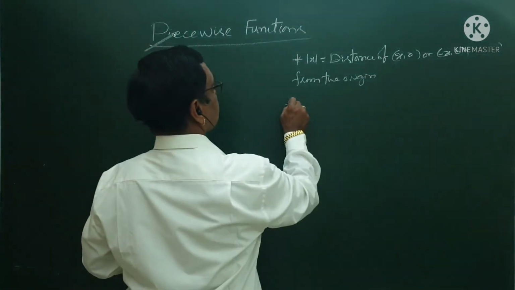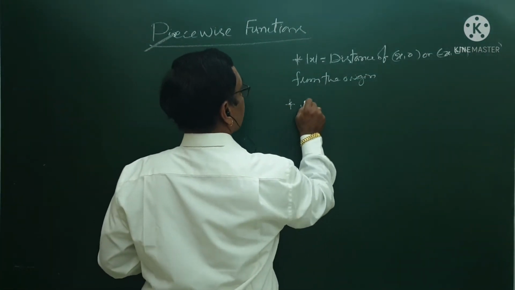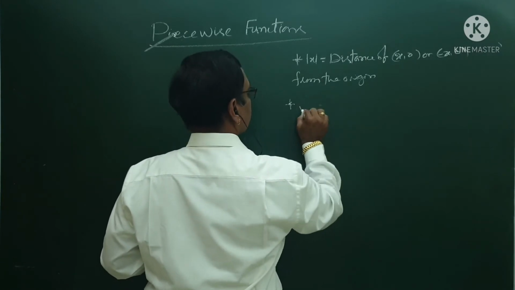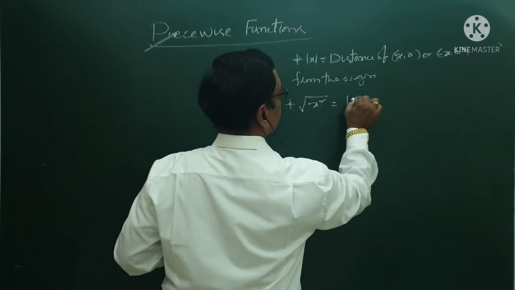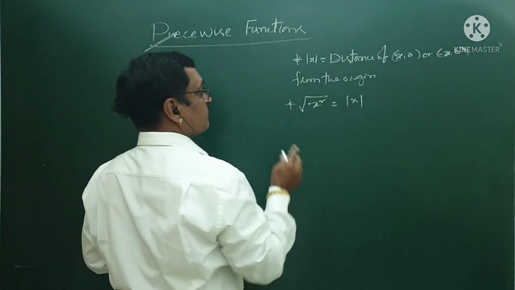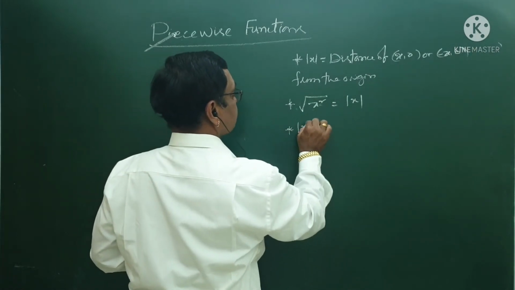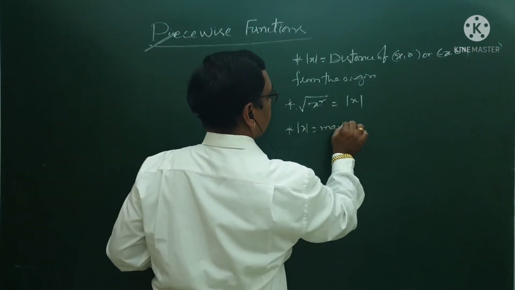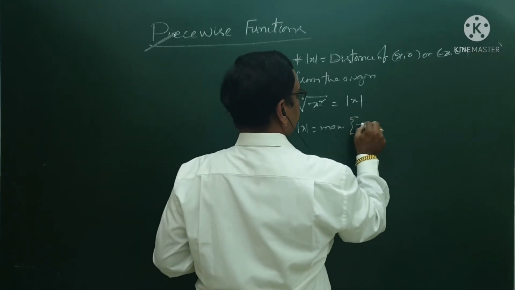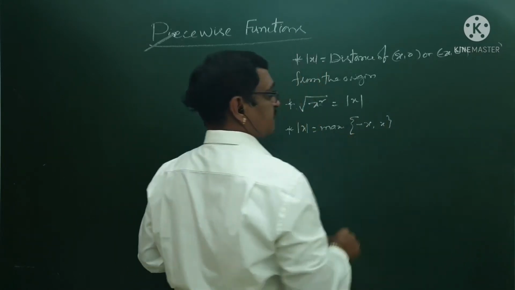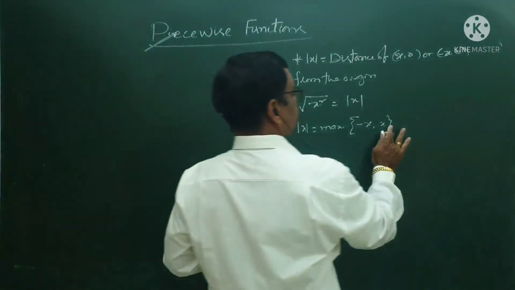Next one, root of x square is equal to mod x. And second one is mod x is equal to maximum of minus x comma plus x.